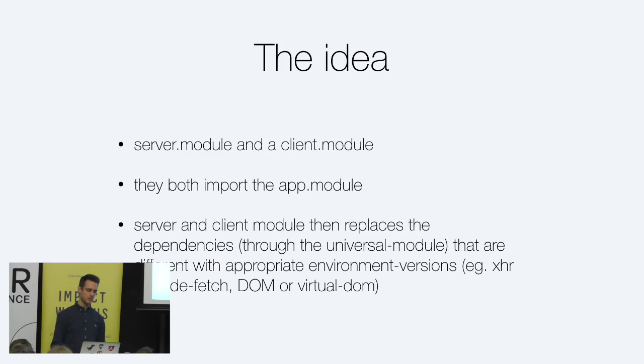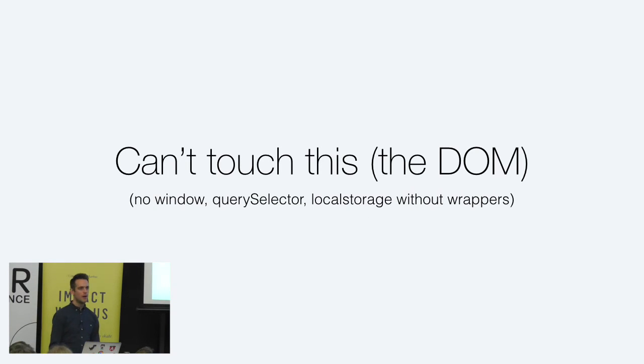One thing, though, is that obviously you can't touch the DOM. You can't touch anything that's related to the DOM from your code directly, because that will break in Node or on the server. So you can't do query selectors, local storage, anything on the document or the window. And Angular has had this in mind since Angular 2 was initially thought of. So there are very small wrappers around everything.